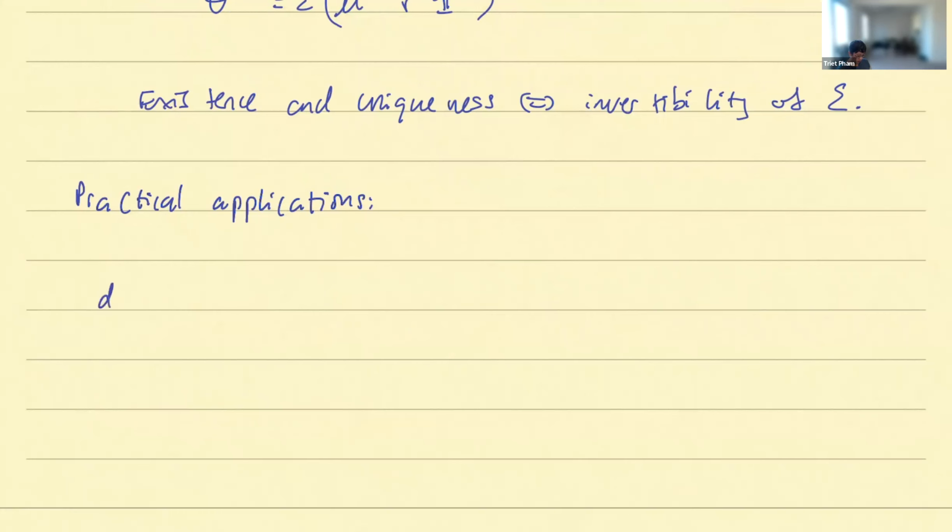For example, the first thing is to prevent you from naively making some model that has a problem. For example, could you do this?